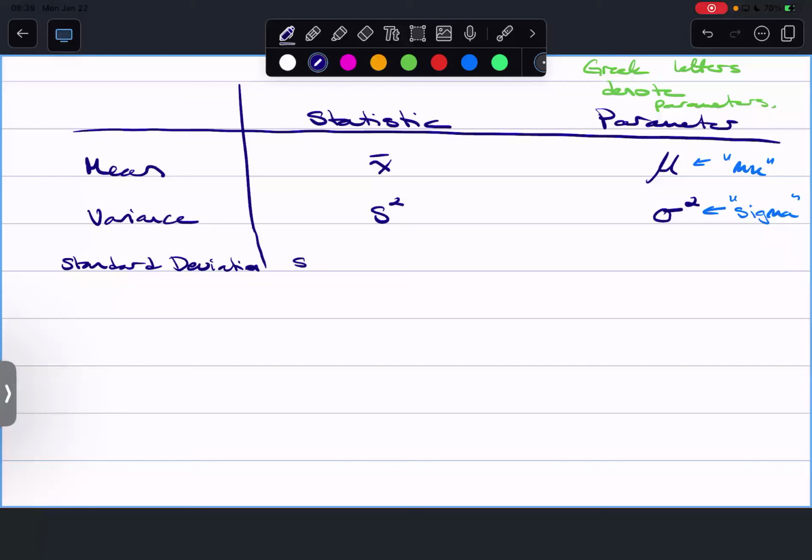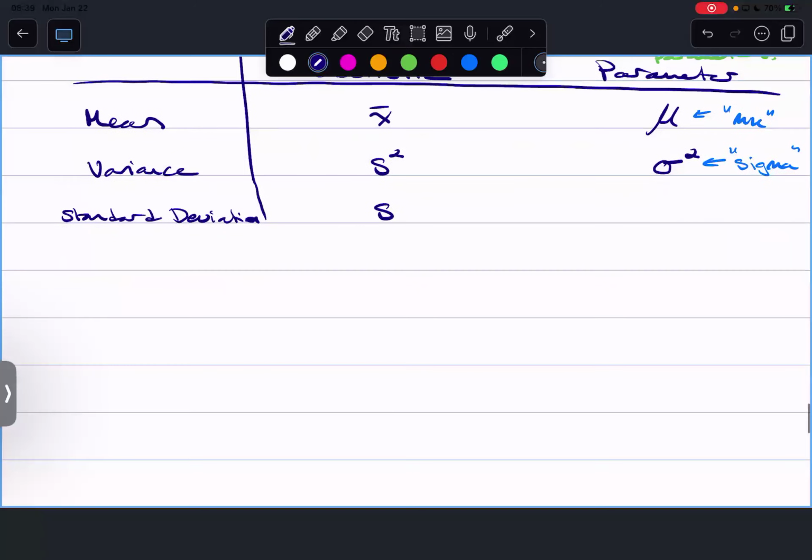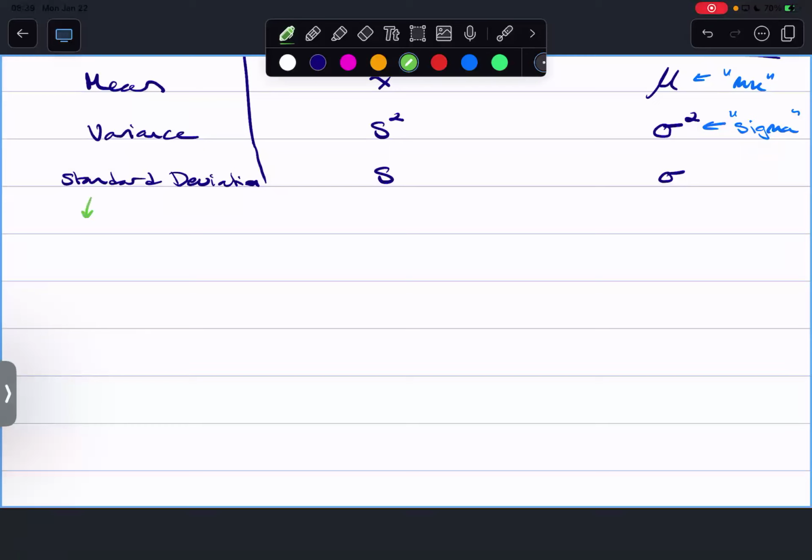The standard deviation is denoted by s, and once you take the square root of sigma squared, you have sigma. So the standard deviation is the positive square root of the variance.